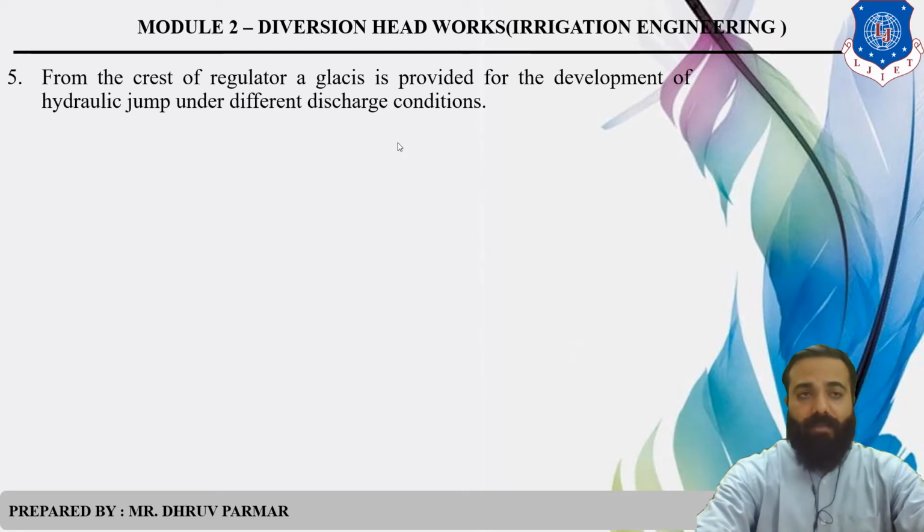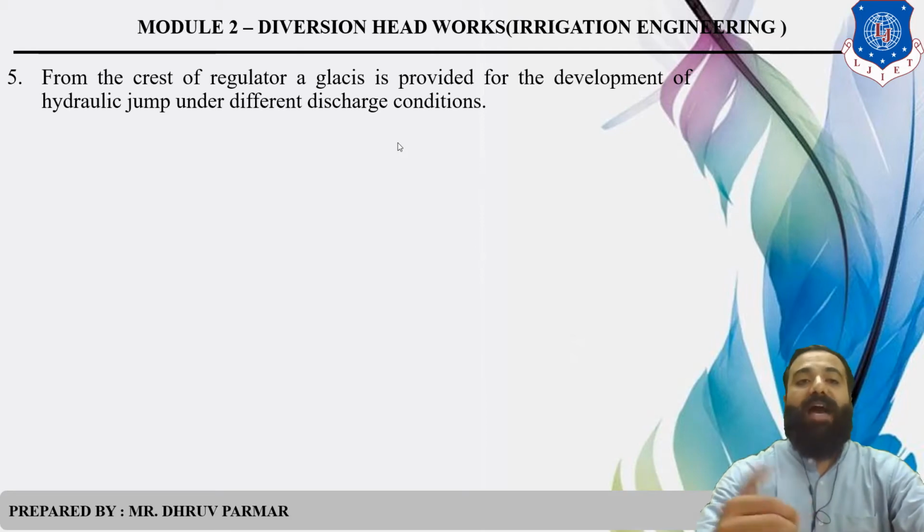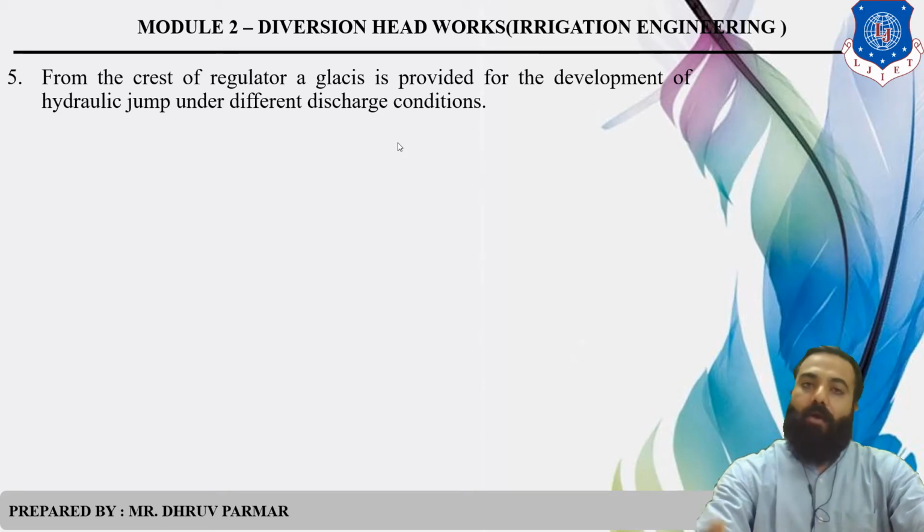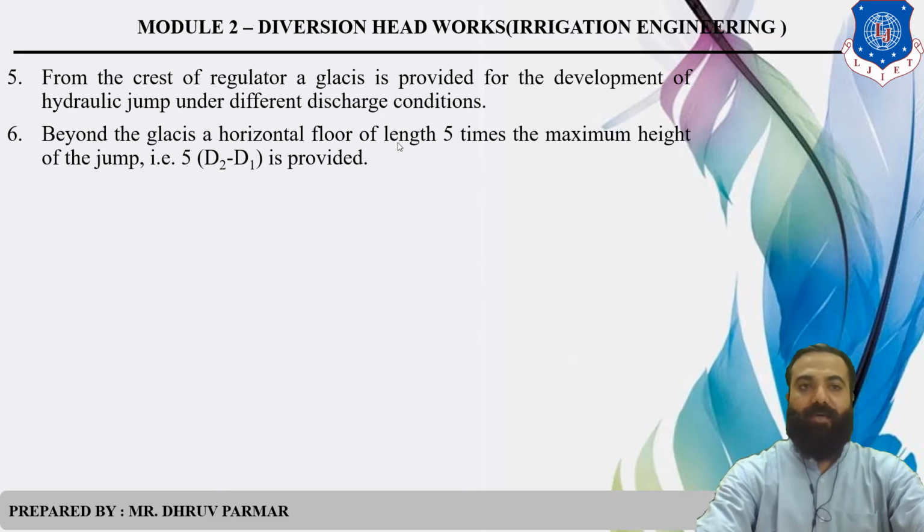Then the fifth one: from the crest of the regulator, a glacis is provided. Glacis means a slope is provided for the hydraulic jump. Clear? Under different discharge conditions. So obviously we provide a slope at the downstream side, so what will happen? Obviously a hydraulic jump occurs. You know the meaning of hydraulic jump?